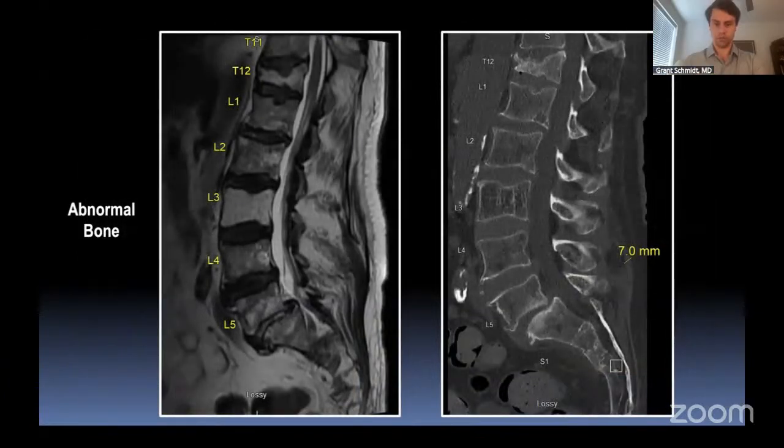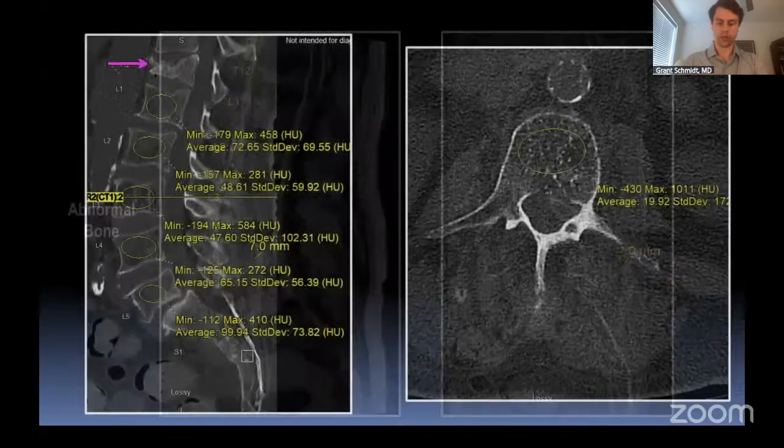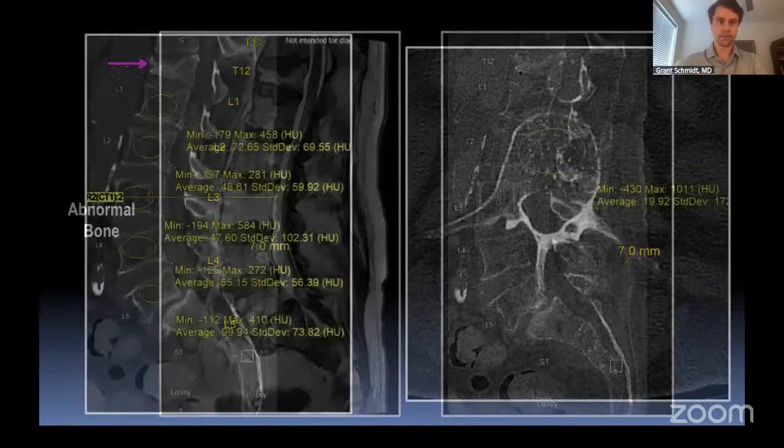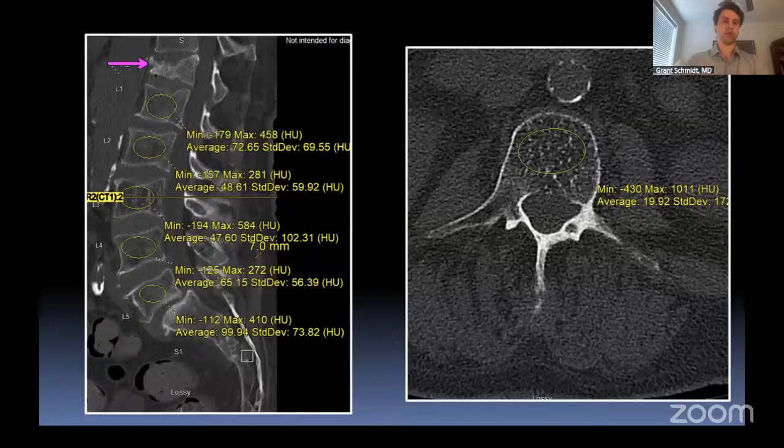And so here are sagittal cuts of his lumbar MRI and CT scan. You can see abnormal bone throughout the MRI, as well as a compression fracture of T12. And here are the Hounsfield units we measured. Again, that compression fracture of T12 is redemonstrated.